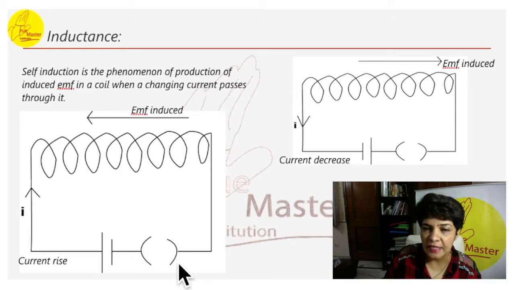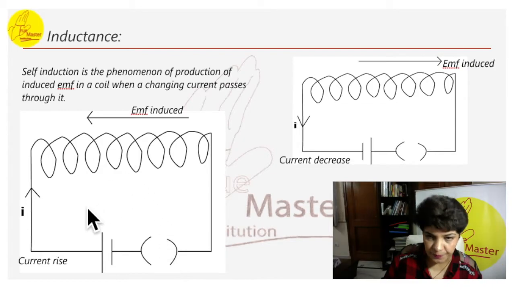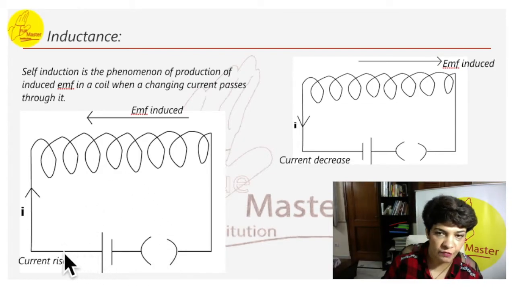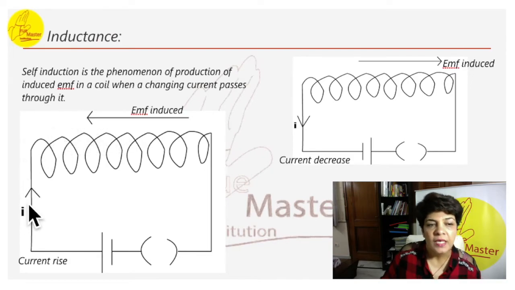When the circuit is complete, the EMF is induced in the opposite direction. So when the current is flowing, an induced EMF is produced in the opposite direction of the current. Then we break the circuit.